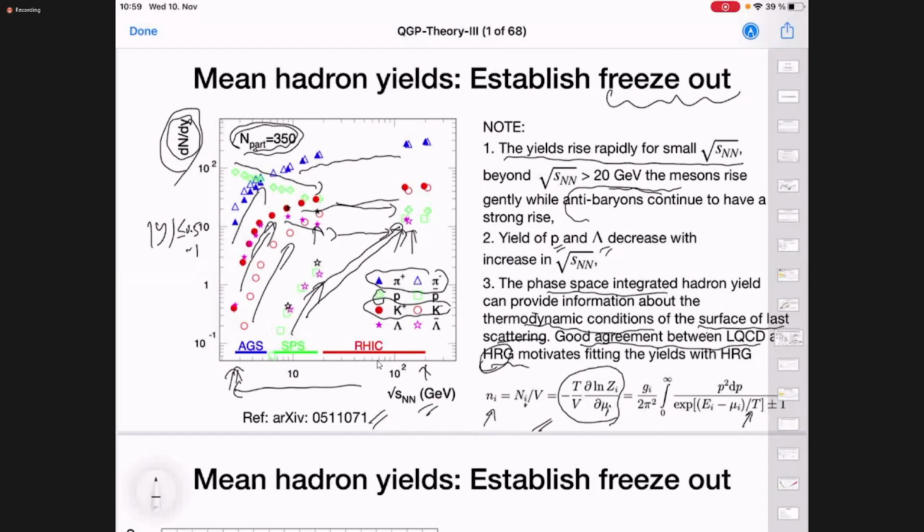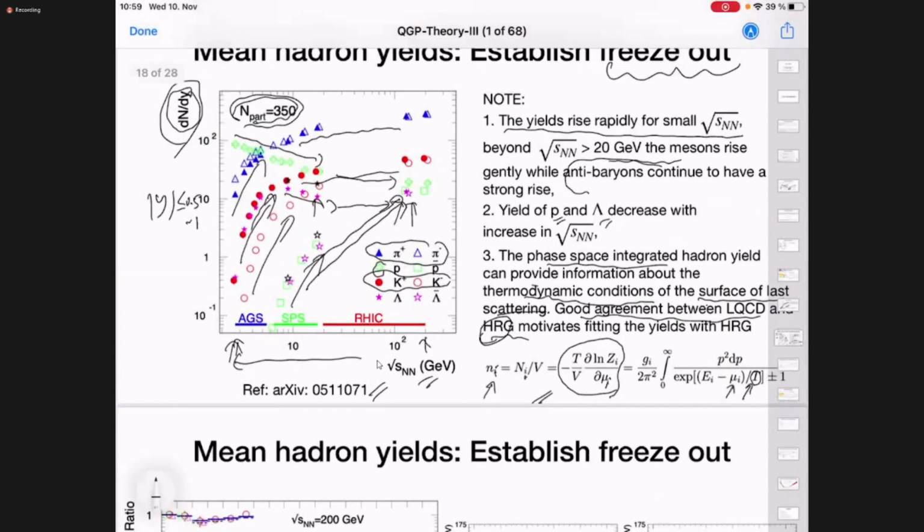expression for the yield, no matter what this species is. Whether it is a meson or a baryon, antibaryon, whatever it is, this temperature is always there. And the other thing, this chemical potential mu I, I didn't write down here, mu I is taken to be, maybe I can write here, mu I is mu B times Bi, which is the baryon number of that species, plus mu Q times Qi plus mu S times Si.